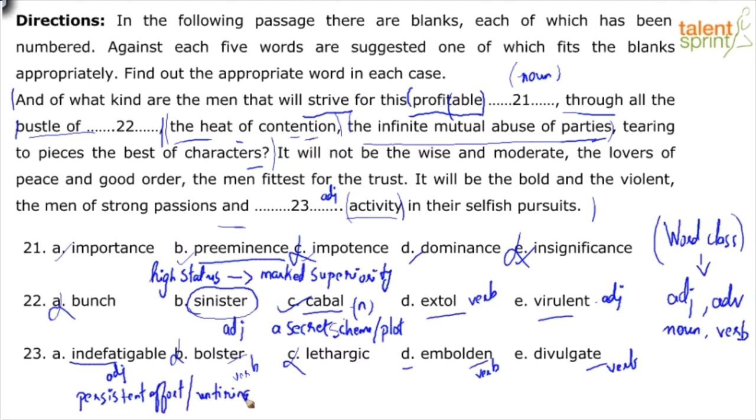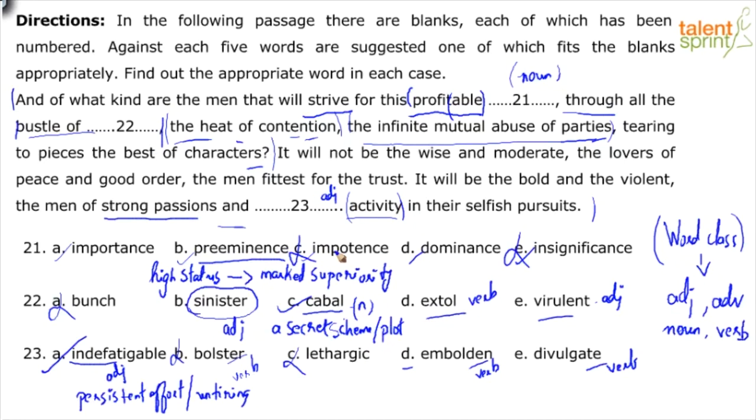So these are the words. In the context, this is the more appropriate option. So somebody who's tireless, yes, relentless, Vipin and Vinay, correct. It will be the bold and the violent, the men of strong passions, and somebody who does not give up attitude, right? Untiring, relentless, tireless activity in their selfish pursuits. So the answer option is A.